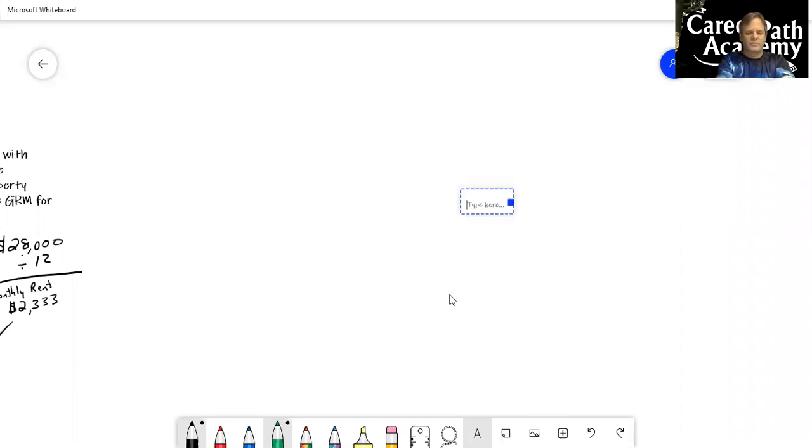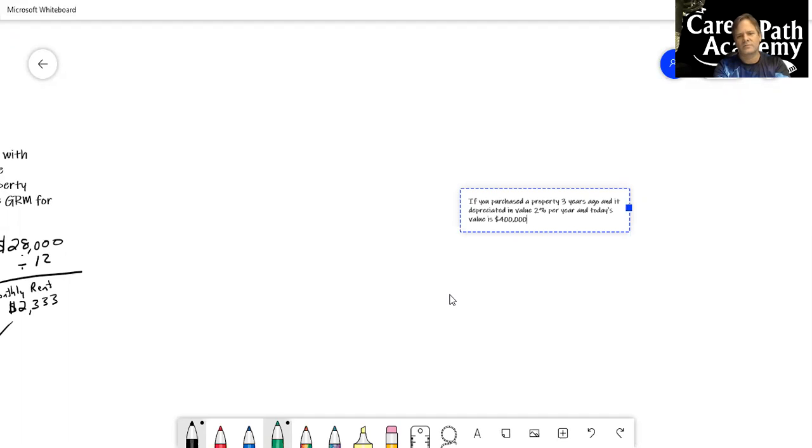Here, the problem would be worded like this: If you purchased a property 3 years ago and it depreciated in value 2% per year, and today's value is $400,000, how much did you purchase the property for?